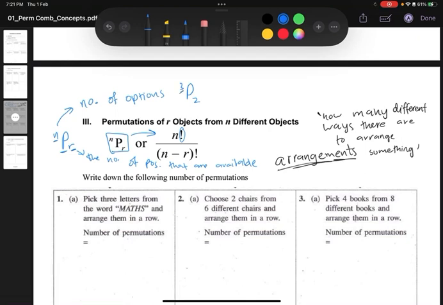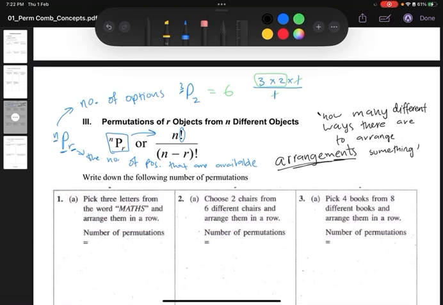So 3, if we put this on top, 3 factorial, we have 3 times 2 times 1 over 3 minus the number of positions, 2, and then you factorial that. So that would be just 1 factorial, which is just 1. And so you can cancel out 1 and 1 here and there, and the answer you are getting is 6.